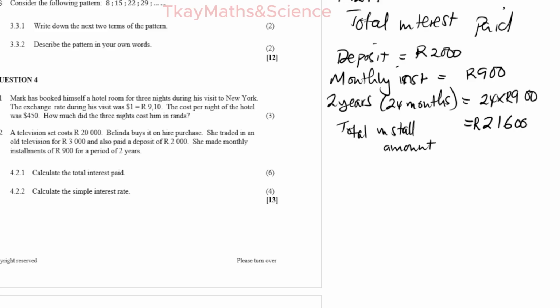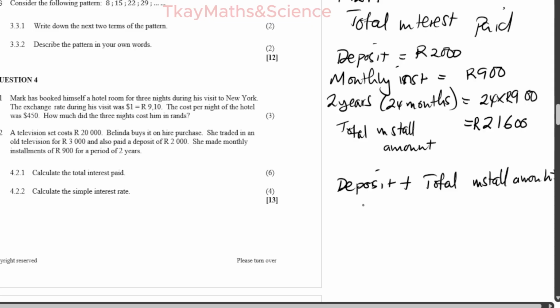But now we did a hire purchase, which required us to pay a deposit of 2,000, and the installments, which in total cost 21,600. So because of hire purchase, we paid the deposit and the total installment amount.